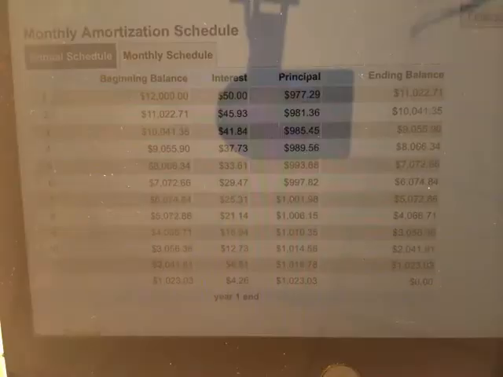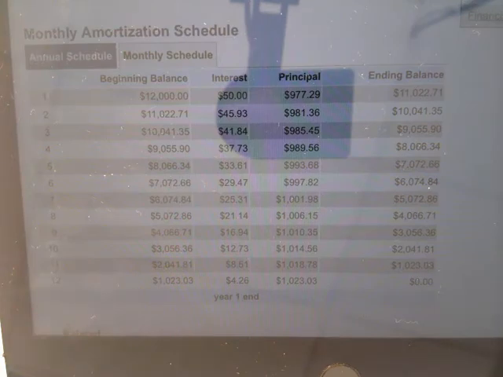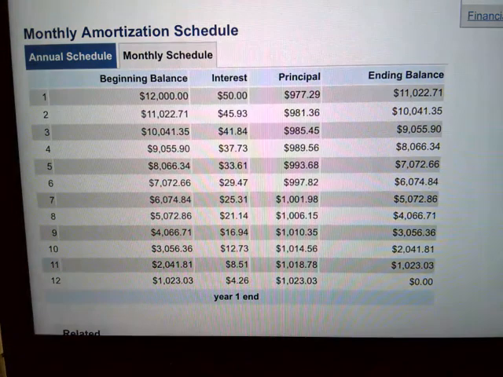Please do it: 45.93 and 981.36. What do you get? 1,027.29. Yeah. Can you add these two? $1,027.29.